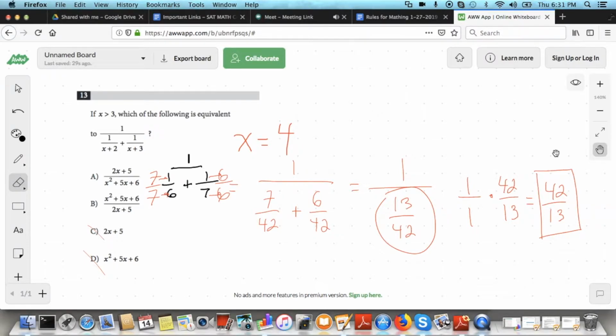So let's plug in a 4 for x into answer choice B. Can I see you do that on the whiteboard, Caroline? Yep. All right, let's do it.